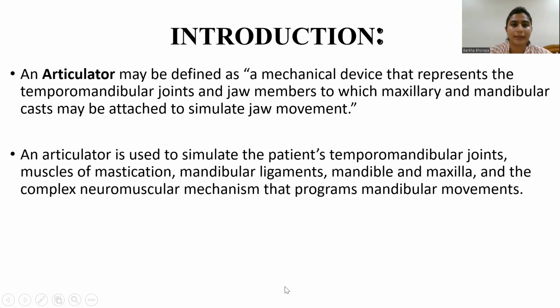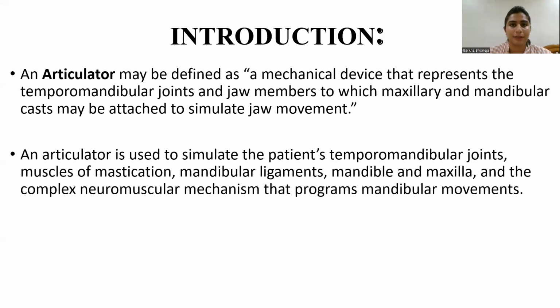An articulator may be defined as a mechanical device that represents the temporomandibular joint and jaw members to which maxillary and mandibular casts may be attached to simulate jaw movement. So this is the definition of the glossary of prosthodontic terminology, and it says it is a mechanical device which basically is representing your temporomandibular joint and your jaw members, that is the maxilla and the mandible.